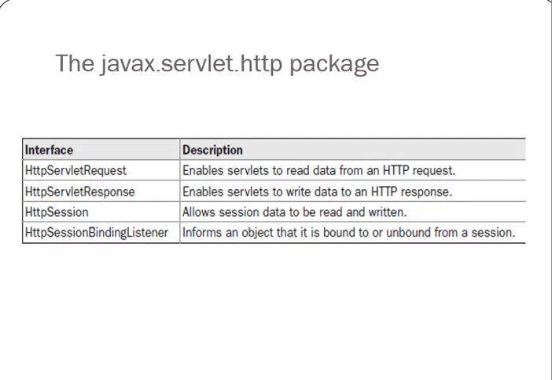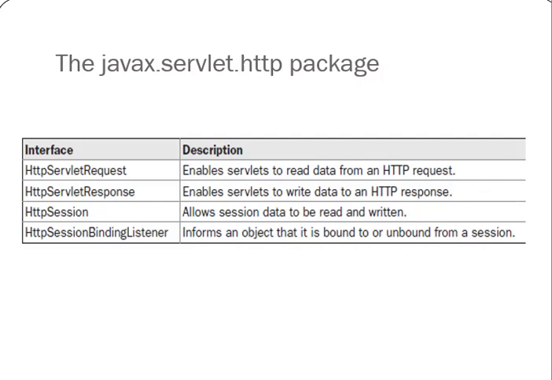HTTP servlets can be created with the use of the javax.servlet.http package. This particular package contains interfaces and classes that are used by the servlet developers. Its functionality is a bit similar to the other category of servlets.